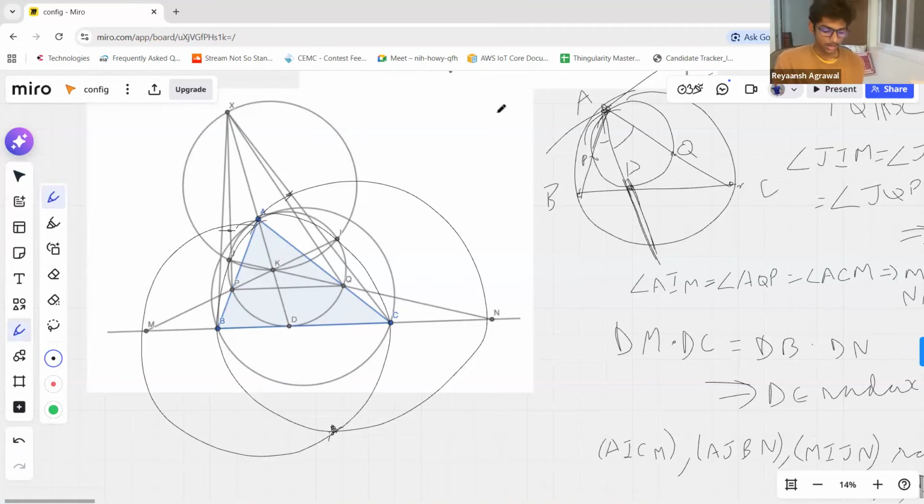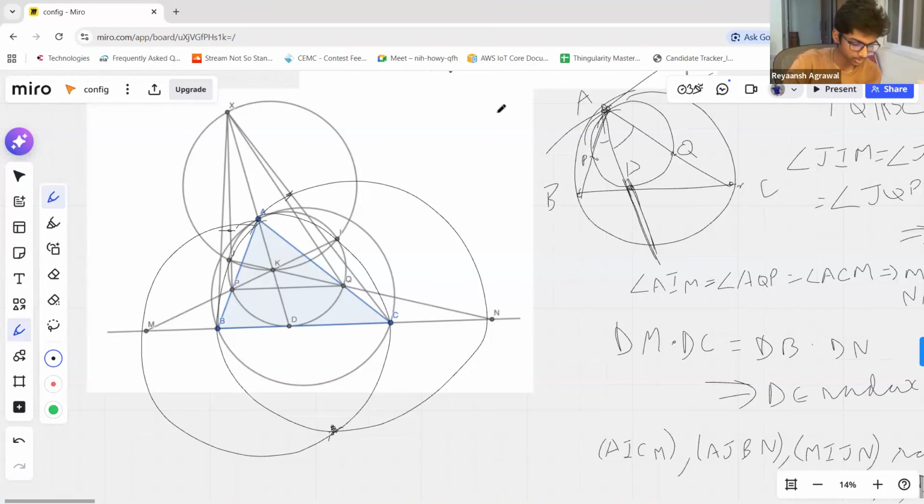Okay, so how do we handle X now? Is there any way we can handle X? Maybe we can look for some collinearities or maybe some cyclic quadrilaterals.